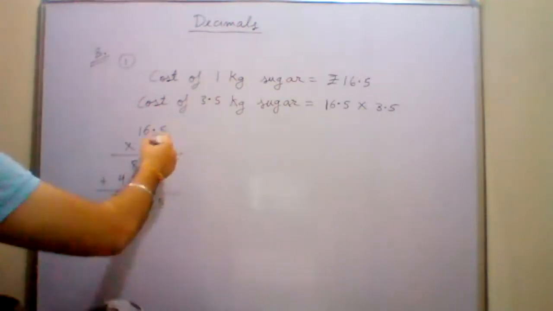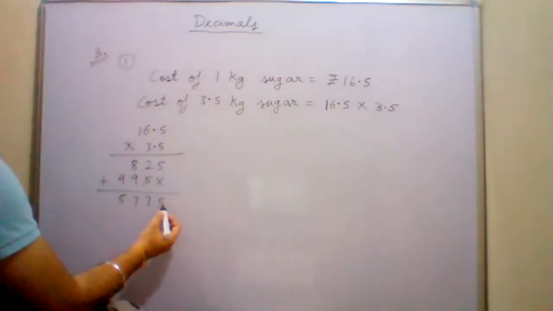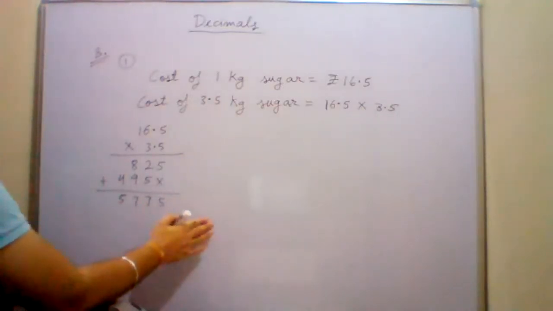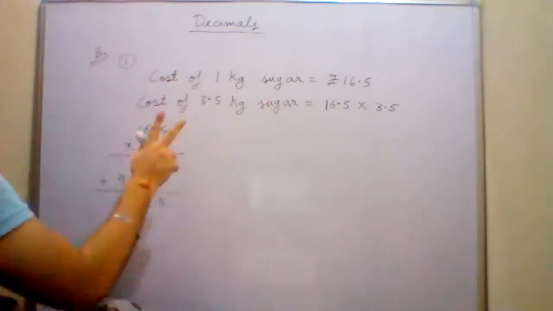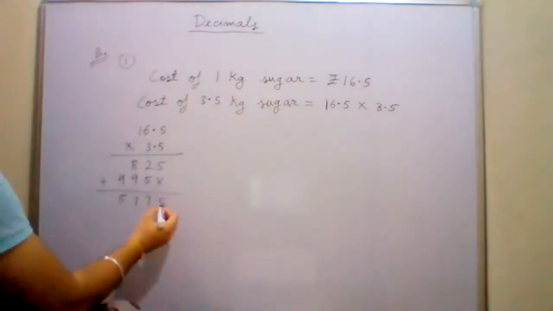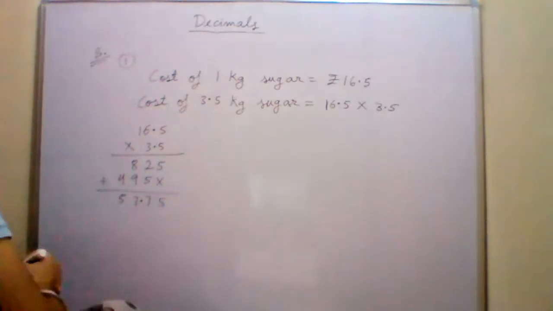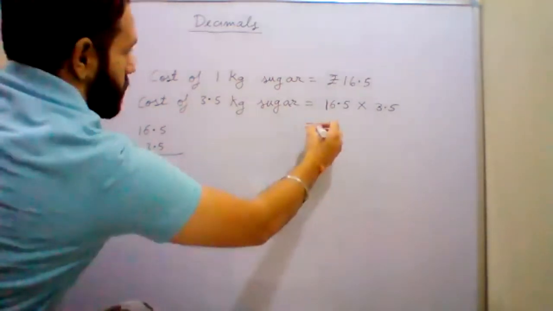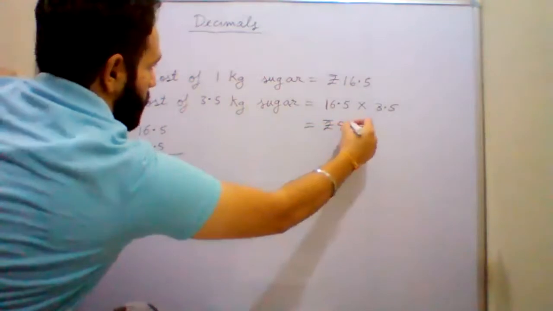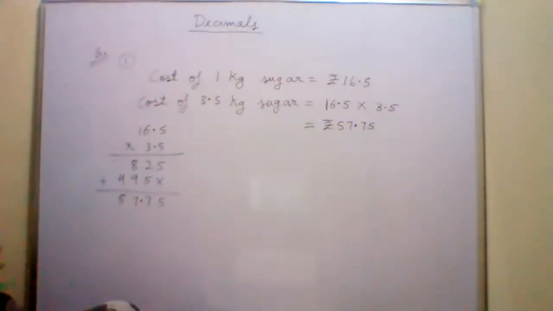Start from the right side, leave 2 digits because the total number of decimal places is 2, and then make a decimal here. So what is the answer? 57.75. Answer is rupees 57.75. Clear?